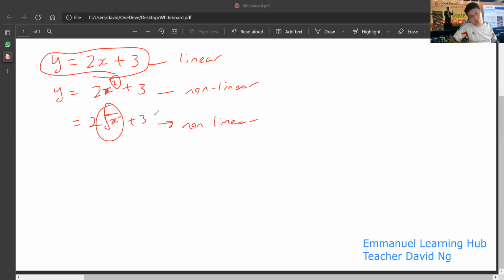Of course, 2x minus 3 is also linear. So it's not about plus or minus. It is the square or square root. Involving square root, cube root, square, cube, these are all non-linear. Linear means the variable doesn't have funny indices.